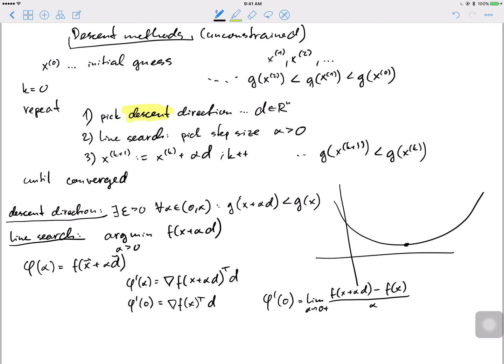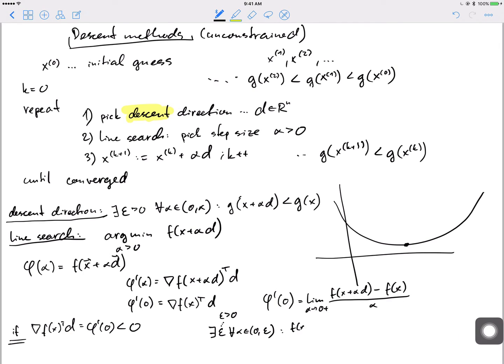Right, and now what I claim is that if this derivative, which is exactly phi prime at 0, is negative, okay, so let's assume that, then I also know from calculus that there exists some epsilon greater than 0 such that for each alpha between 0 and epsilon, it will be true that this whole thing is negative.